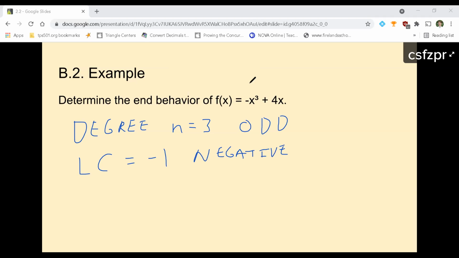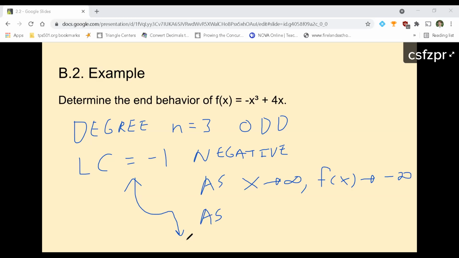All right, so if it's odd and negative, then what it looks like is this. And again, what happens in the middle could be anything. This one will kind of look like this. Something like that. But the end behavior is what we care about. As x goes to positive infinity, f of x goes down forever to negative infinity.